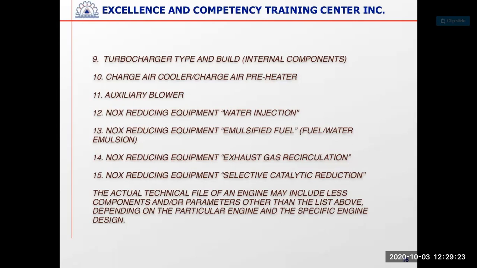And there are two types: either you have exhaust gas recirculation or you have selective catalytic reduction, where some elements are added in the exhaust system that we will see.